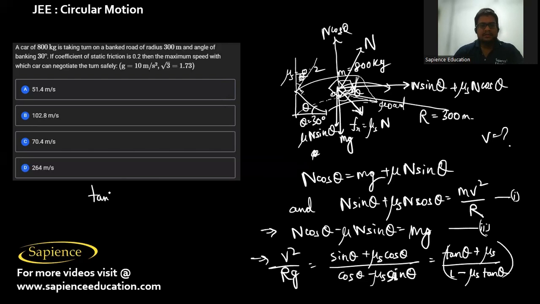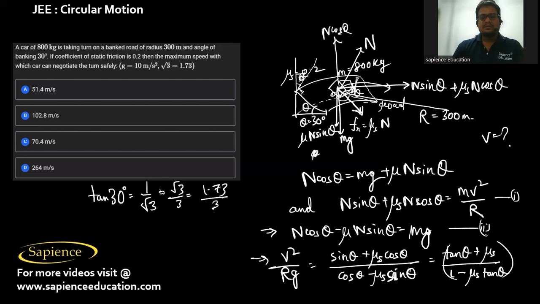Now from here, tan 30 degree equals 1 by root 3. 1 by root 3 means it is root 3 by 3. Root 3 is 1.73, 1.73 by 3, so it is approximately 0.58.